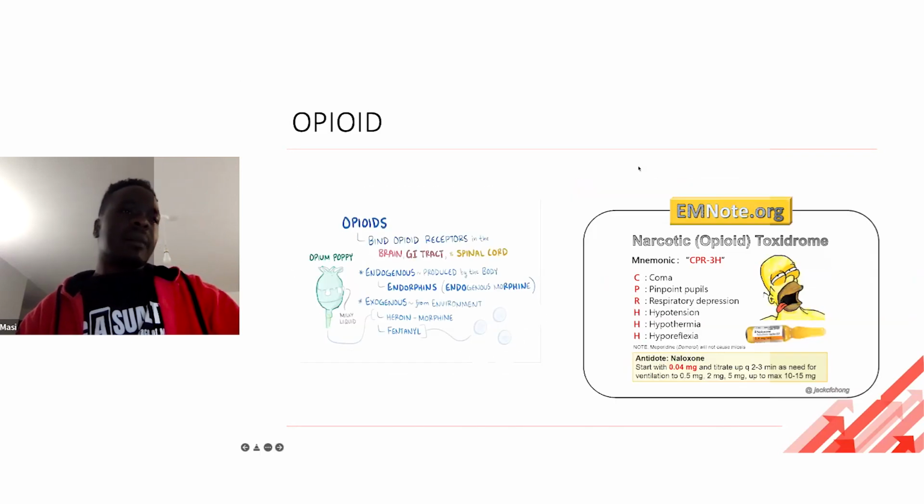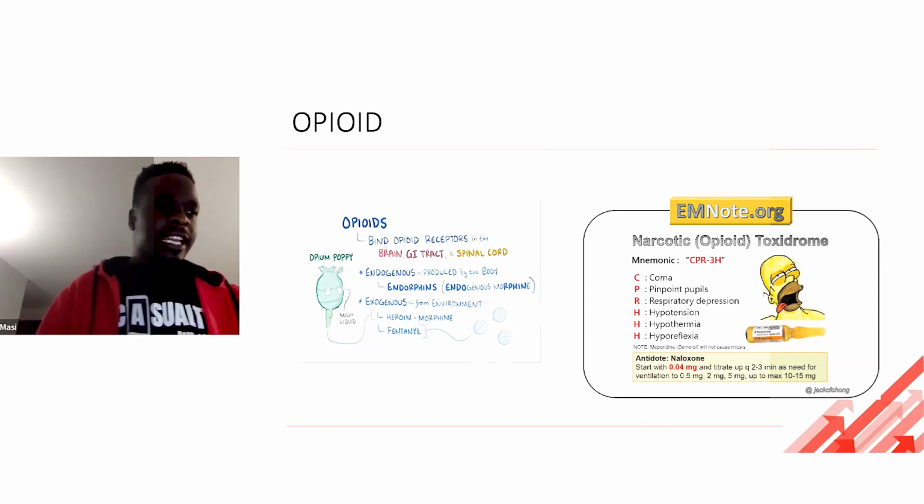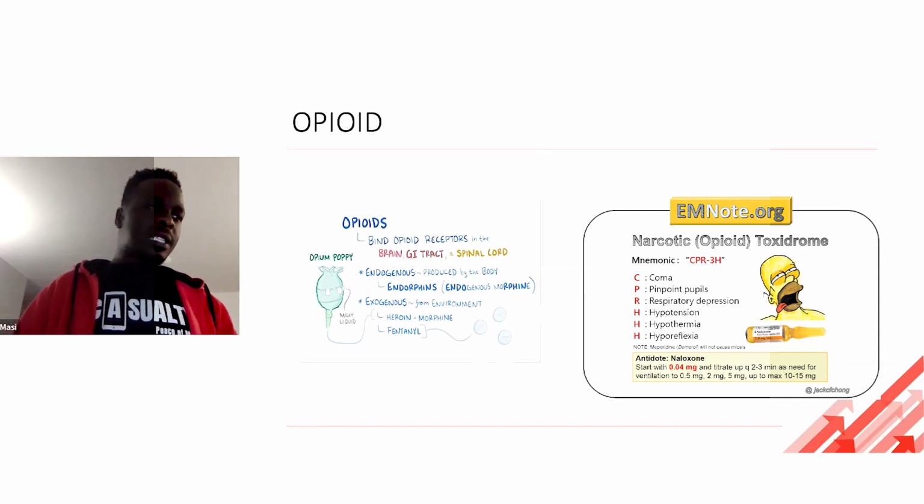So this child presents with pinpoint pupils, a coma, respiratory depression, hypotension, and hyporeflexia, as Dean mentioned earlier. Now, these are some of the easy toxidromes because they present with this particular set of symptoms, and it's easy for us to know what to manage them with. Dr. Dean also mentioned some of the medications, recreational or even hospital-used, that cause this particular toxidrome.